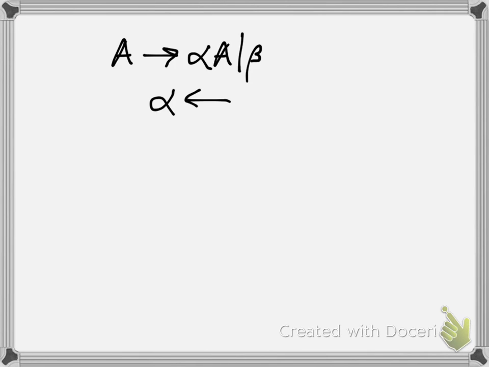On the other hand, suppose I have right recursion. A derives alpha A or beta. Here, first we have some alpha, which is where you may do the condition checking, or test for the base case.